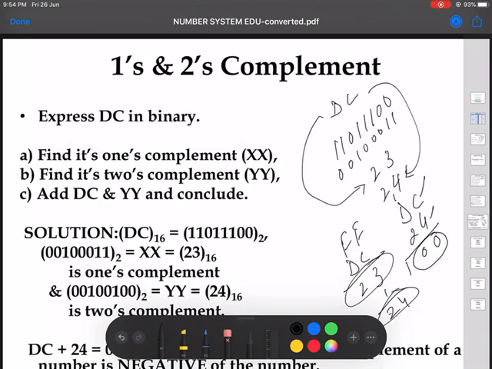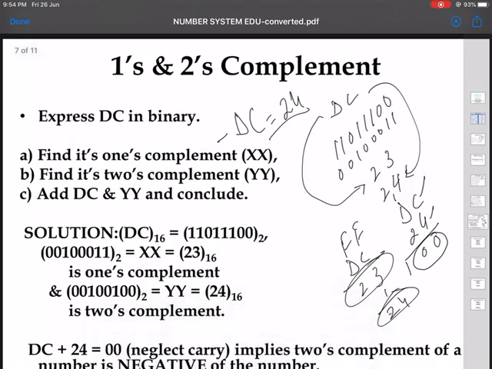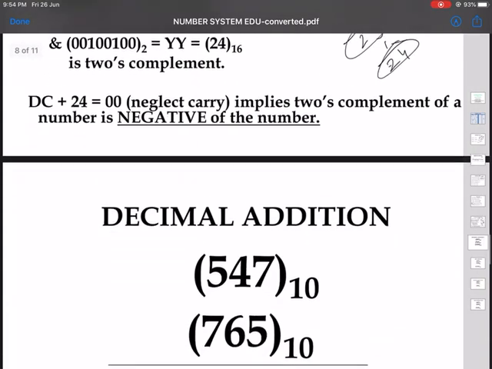That means in the binary number system, we don't have a minus sign as such. DC is the negative of 24 and 24 is the negative of DC. I can simply write DC as 24 with a minus sign and vice versa. So the 2's complement of a number is nothing but its negative number.